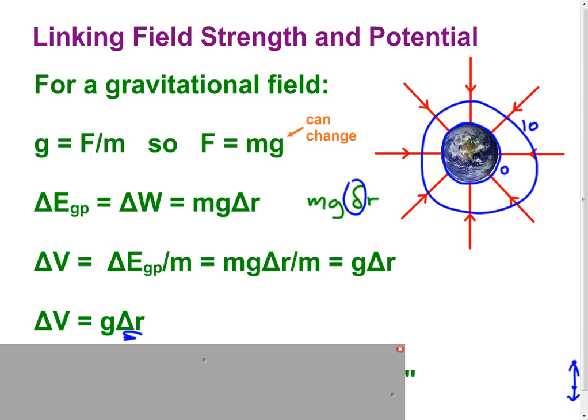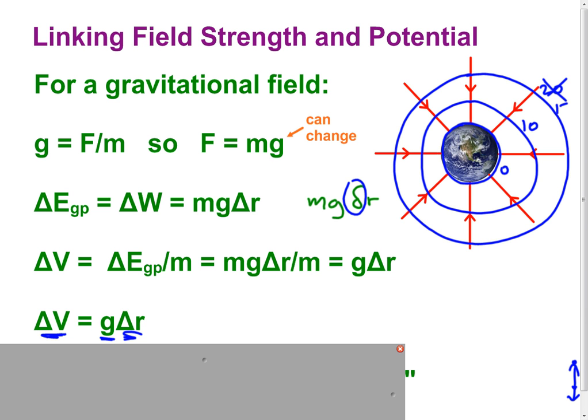If we go up another delta r, which is the same, how much is our potential going to go up by? Well, as we get higher through these big changes in height, g gets smaller. So this one would not have a potential of 20. It's going to be something less.